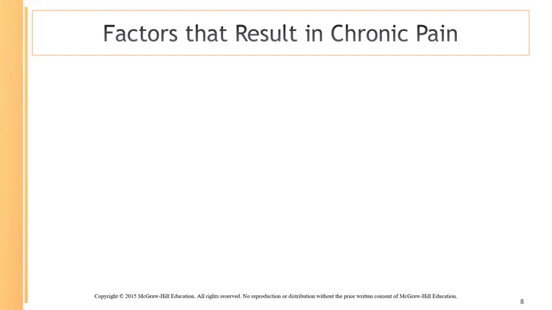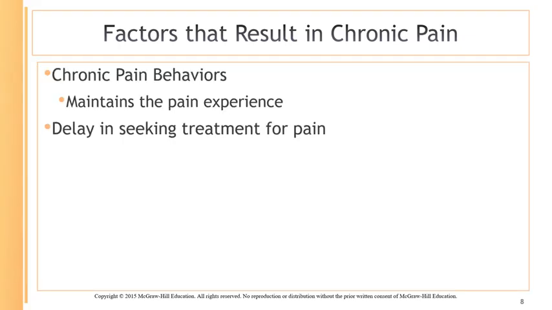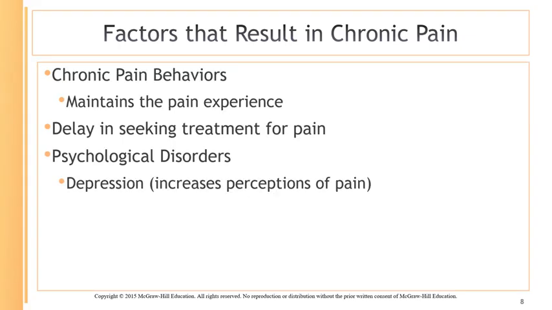Other factors that can result in chronic pain are chronic pain behaviors. So when somebody experiences pain, they oftentimes revert to coping strategies, which can maintain the pain experience. For example, avoiding a loud noise or bright lights or reducing physical activity could actually cause the pain to continue and be maintained.